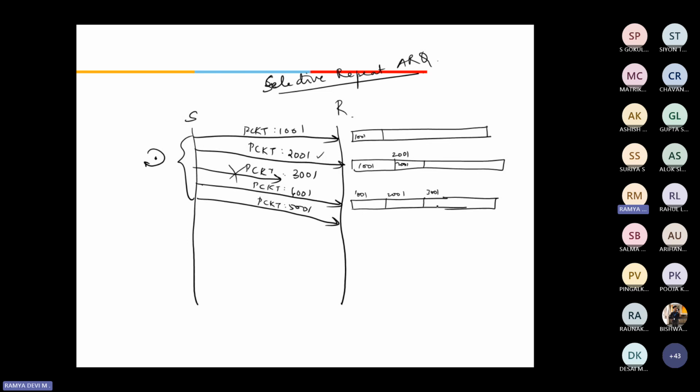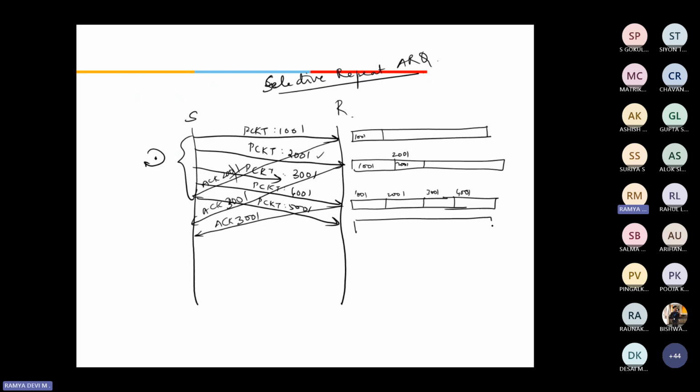It will not discard the packet; rather it will place the packets in order and send the acknowledgements. For this packet it would have sent an acknowledgement 2001. For this it will send an acknowledgement 3001. Again it will send an acknowledgement 3001.